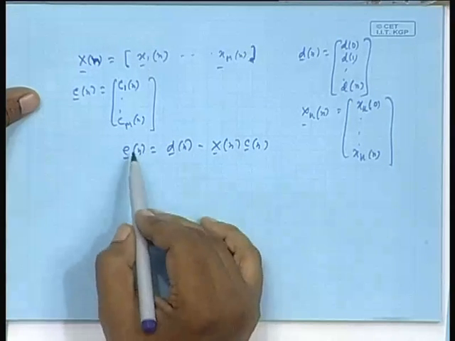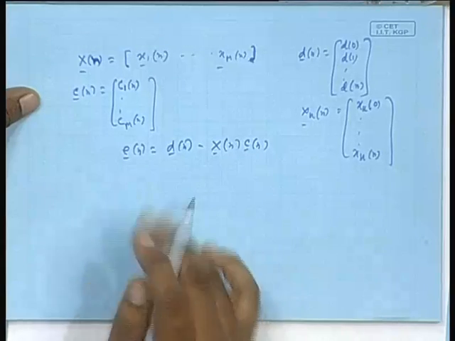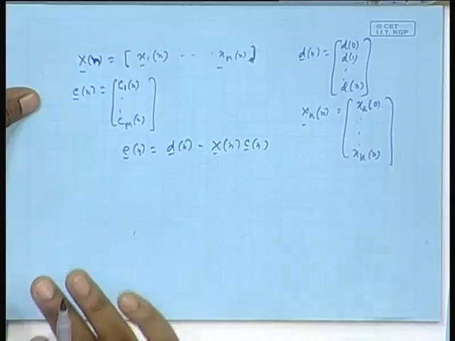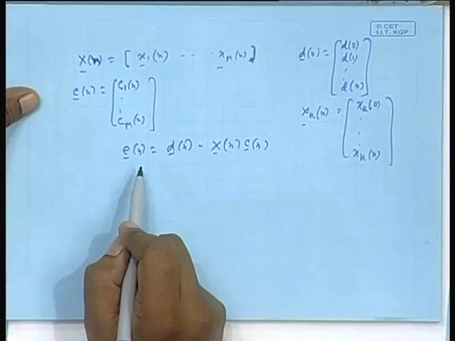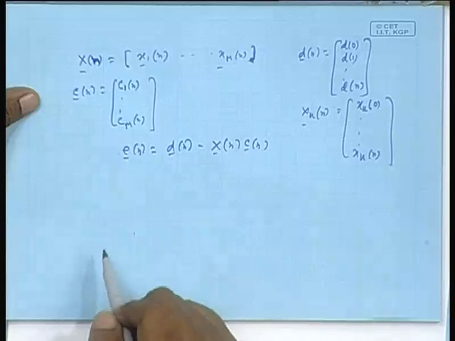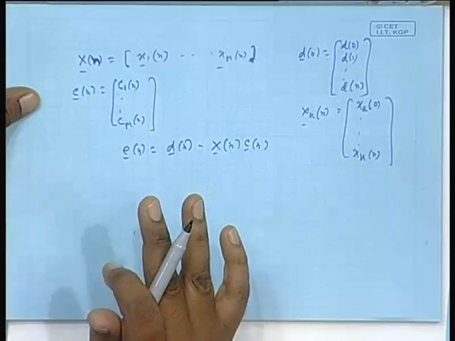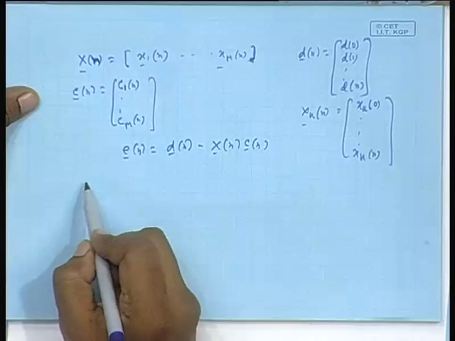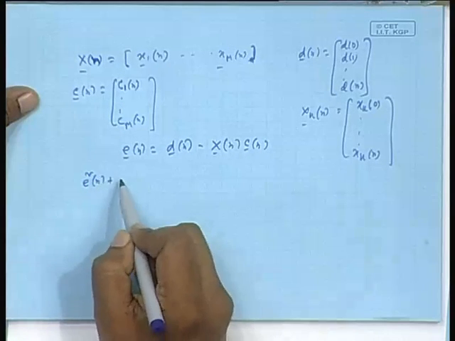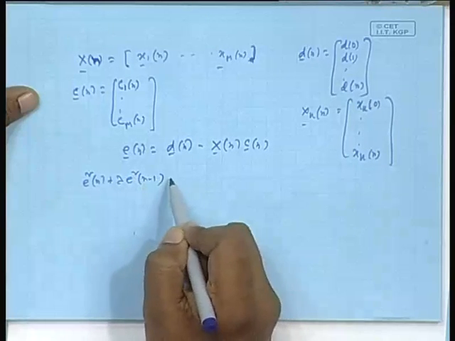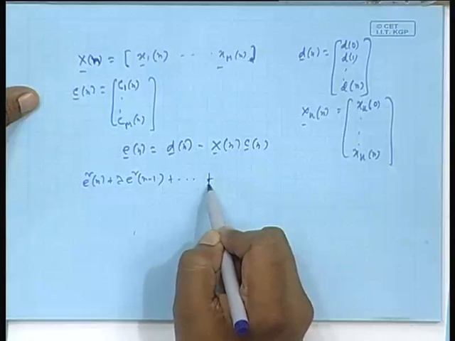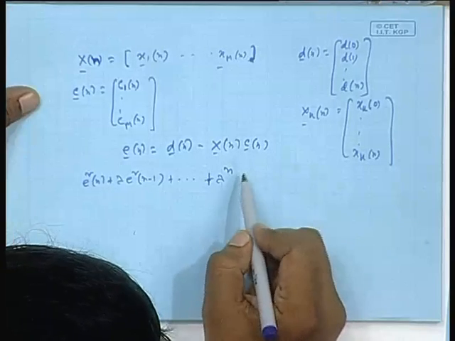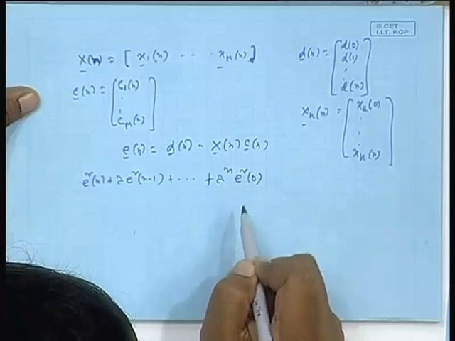The norm square will be, take the vector E transpose n, but we are using the generalized norm square here with that forgetting factor lambda. This is E n, but we are not simply taking E transpose n E n, we have that lambda thing. That is, if you have forgotten, E square n plus, this is a repetition actually, plus lambda to the power n E square 0, isn't it?